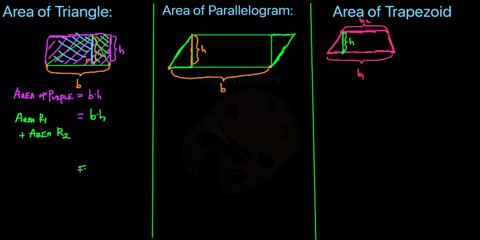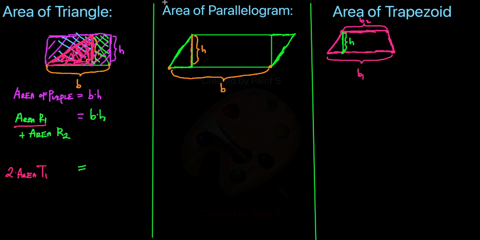Now let's break this down further. Looking at the area of rectangle 1, you should be able to see that this pink triangle right here is exactly half of the entire area of rectangle 1. So the area of rectangle 1 is 2 times the area of, whatever you want to call it, let's call it triangle 1, because this pink one is triangle 1.